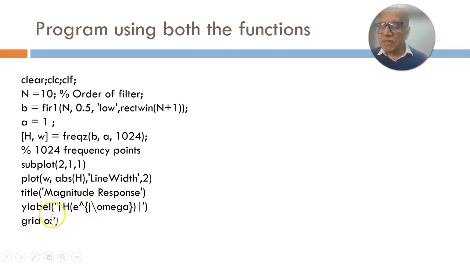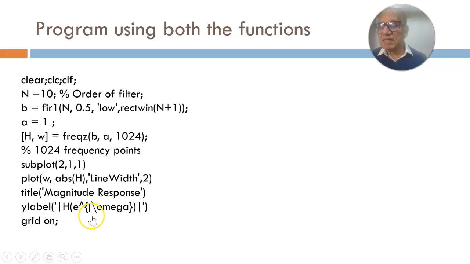Another thing you should note is this Y label. Note carefully what we have written here. So this is your normal colon, then this is normal H. This is again the normal bracket, and then you say E raised to. Now E raised to, if you want to obtain it as a superscript, whatever follows has to be written in curly brackets.